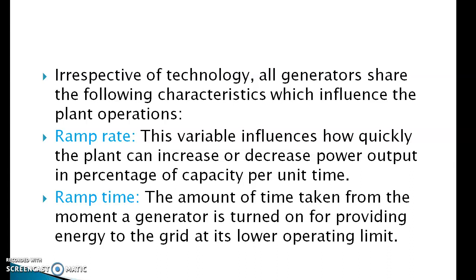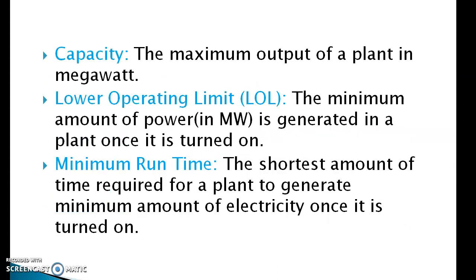Ramp time: the amount of time taken from the moment the generator is turned on to providing energy to the grid at its lower operating limit. Capacity: the maximum output of the plant in megawatts.